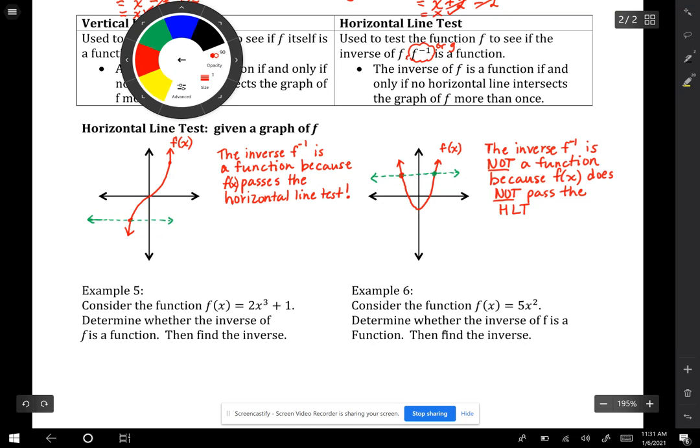I'm going to be lazy and call it HLT, the horizontal line test, and you can too. That's what we did when we did the vertical line test.